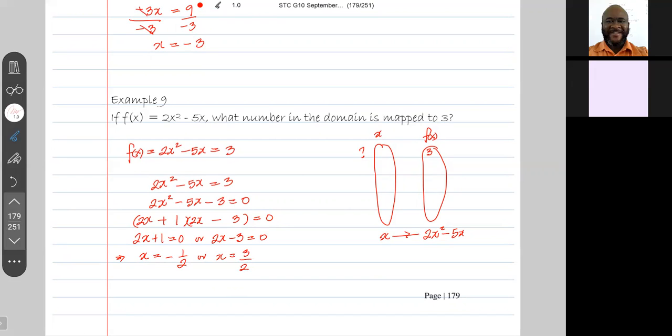So minus a half will map to 3, and 3 over 2 will also map to 3. So the values in the domain that map to 3 in the codomain are x is equal to minus a half, and x is equal to 3 over 2.